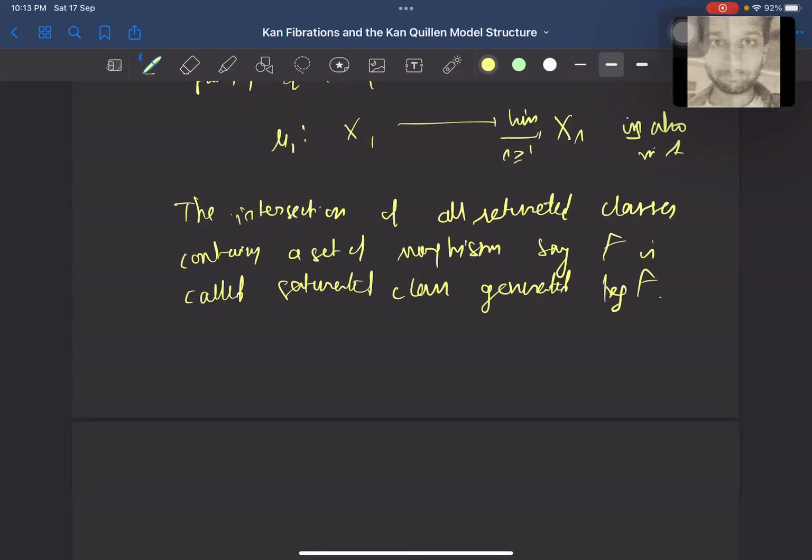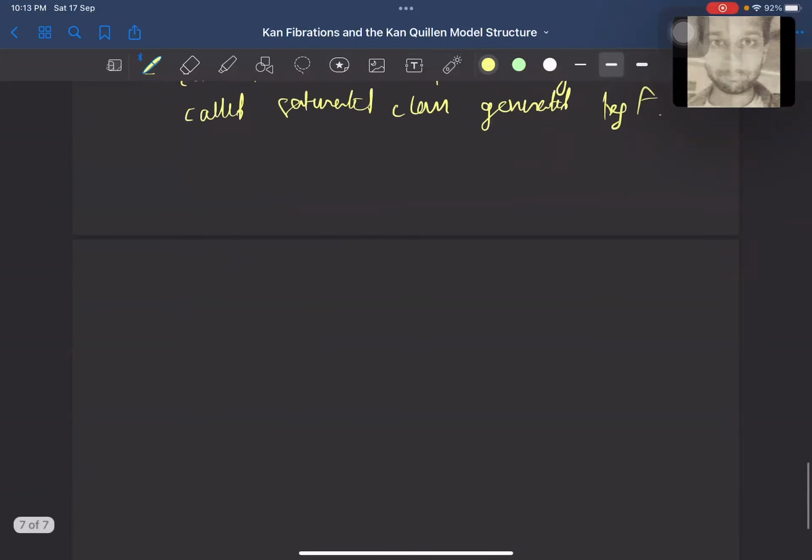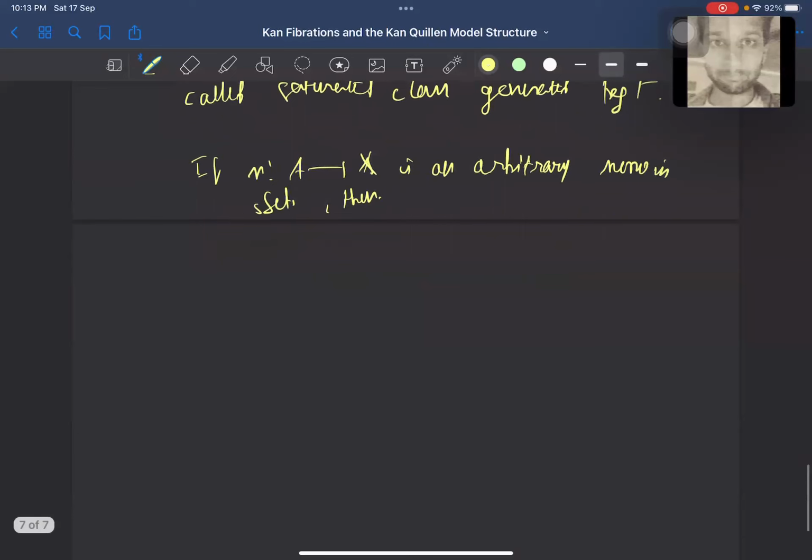So let me give an example. If this is an arbitrary monomorphism in simplicial sets, then we have the following push out square.